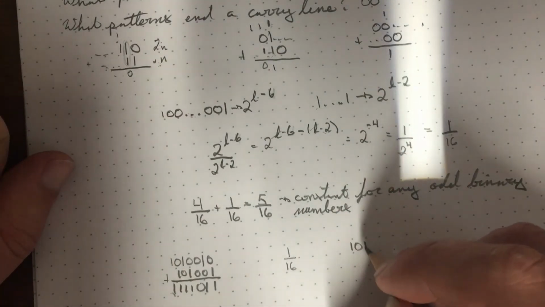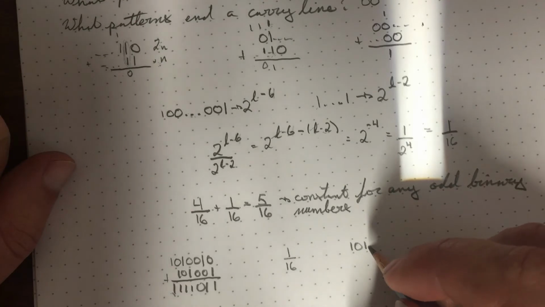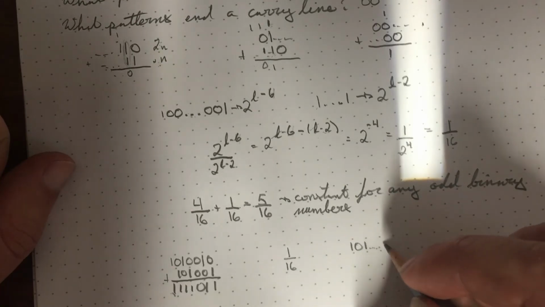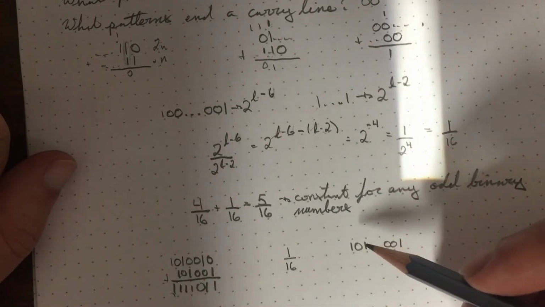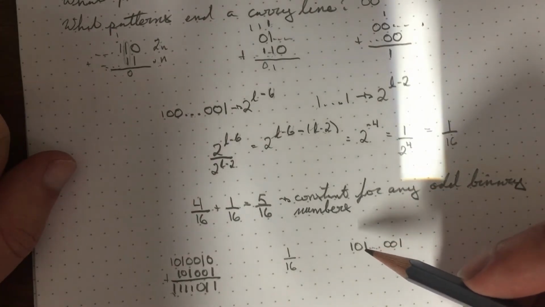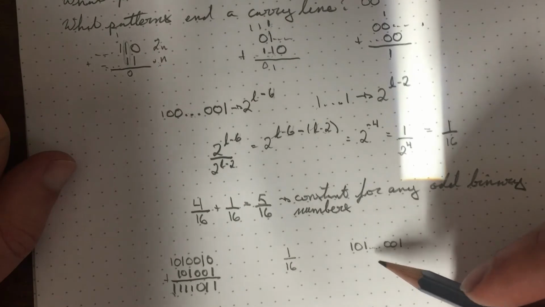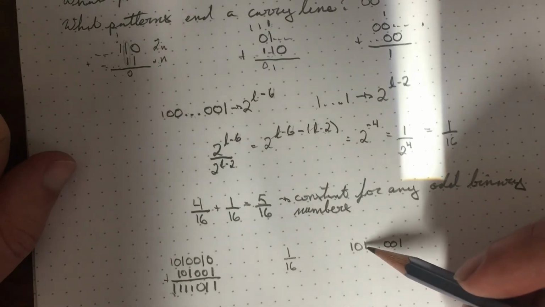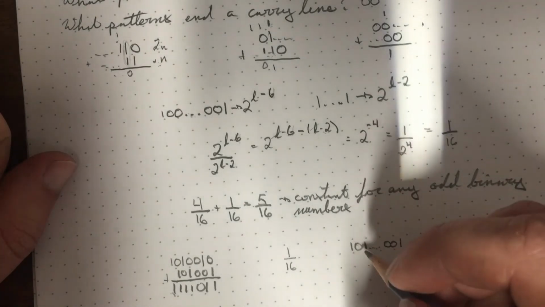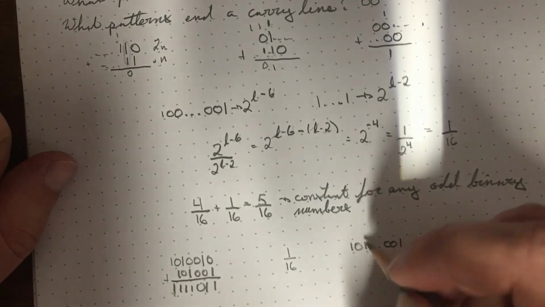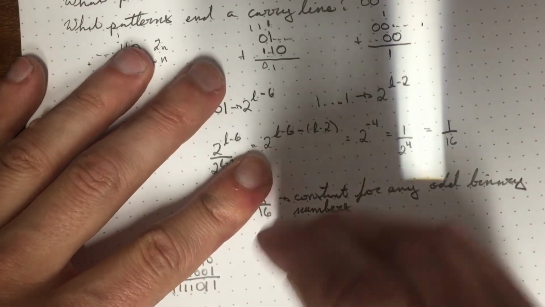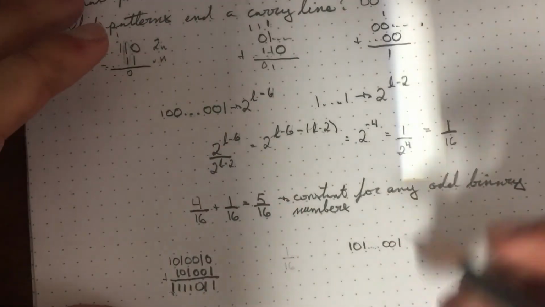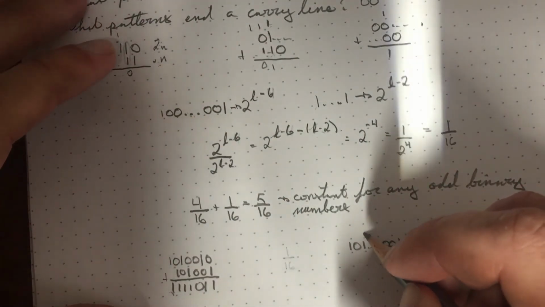So if we have 1, 0, 1, you know, going on like so, there will be a class of pattern where this never has a carry here, so there's no carry up top.